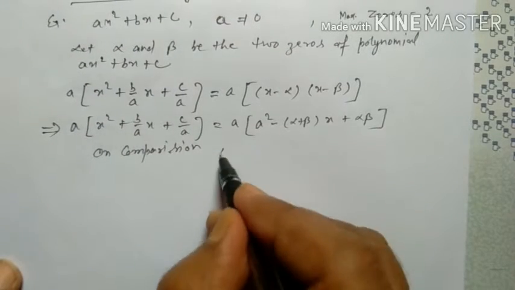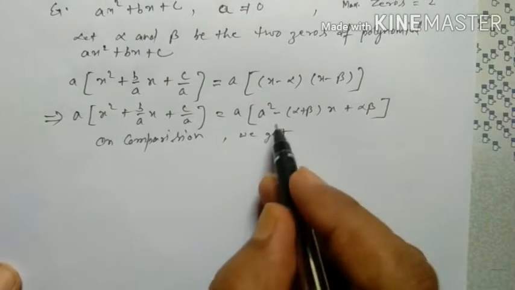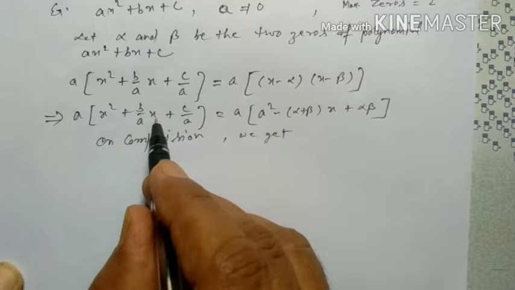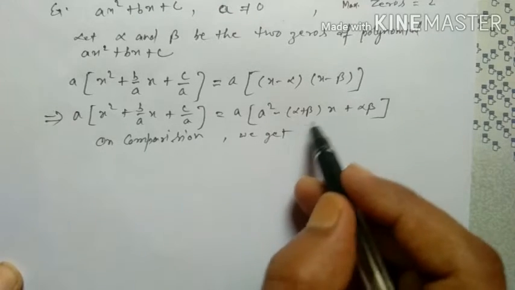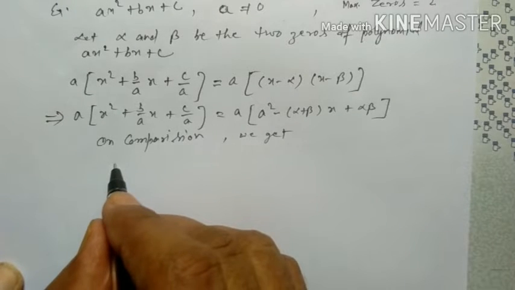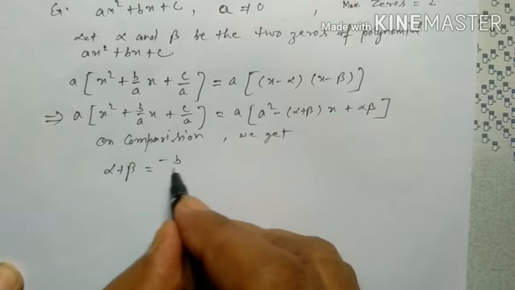On comparison, the coefficient of x is b by a and also minus alpha plus beta. So alpha plus beta equals minus b by a.